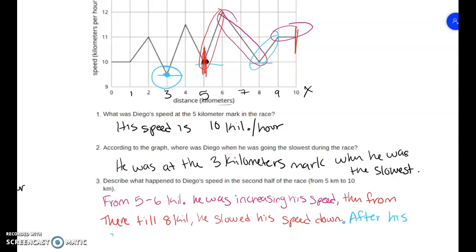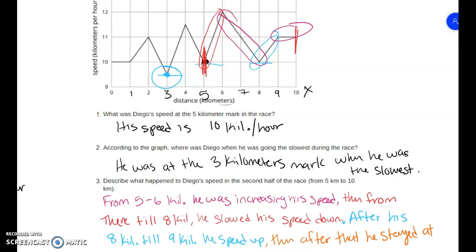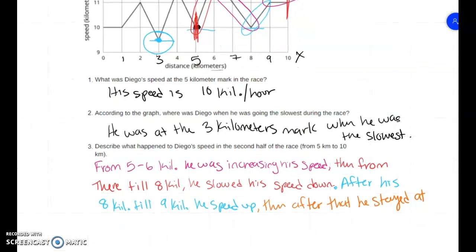After his 8 kilometers till 9 kilometers, he sped up. Then after that, he stayed at a constant speed of 11 kilometers an hour. Make sure you have all that.